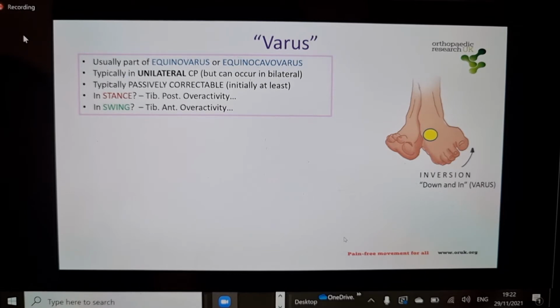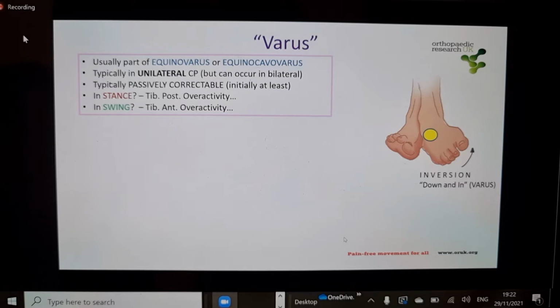What is the culprit? Well, the books will tell you that you have to try and work out if this is a problem of varus in the stance phase, in which case it's a stance muscle which is responsible, tibialis posterior, or is this a problem where the heel is going into varus in the swing phase, in which case you're going to blame tibialis anterior, which is primarily a swing phase muscle.